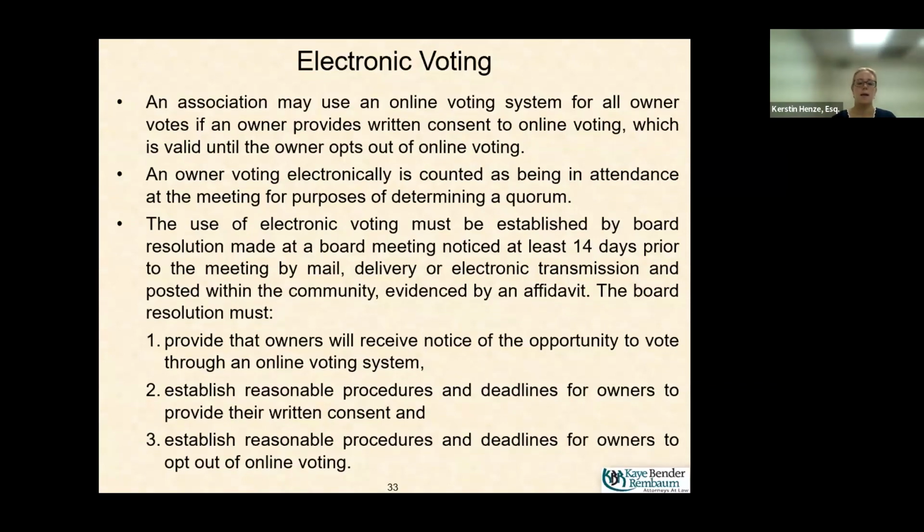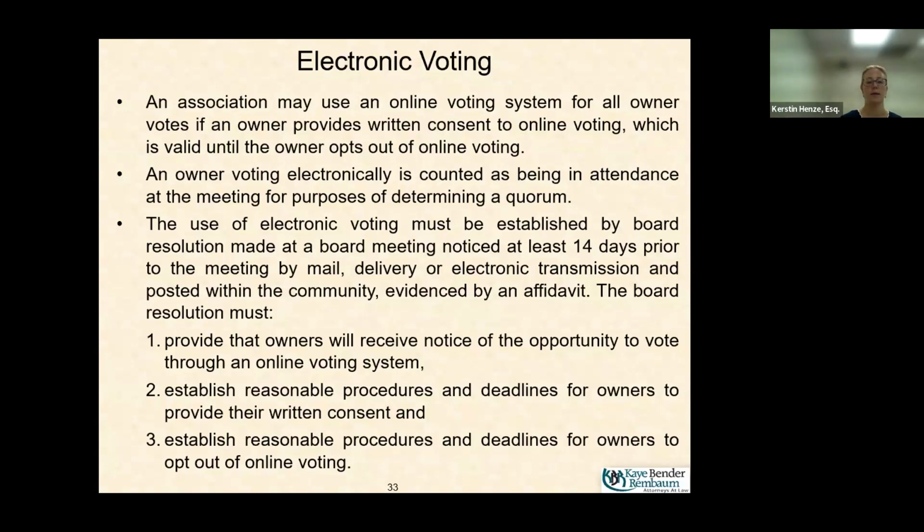Okay. And once the board adopts electronic voting, it's not an automatic thing that everybody then has to vote electronically. Owners have to consent in writing to voting electronically, okay? So they have to submit some kind of consent form where they consent to vote electronically.